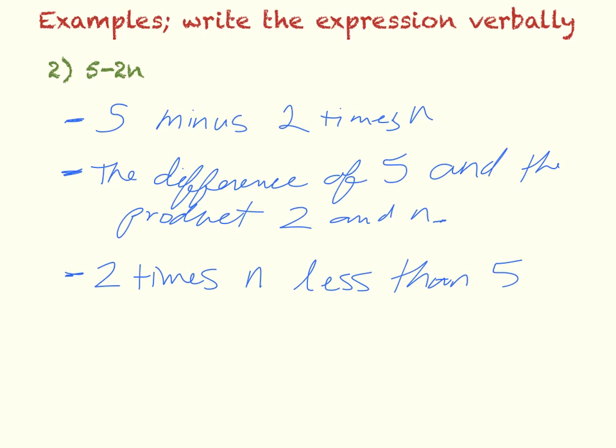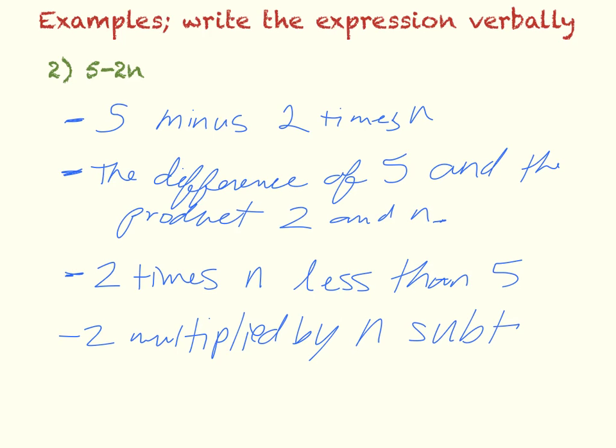Times means product, so if you want to say multiply, or you could say 2 multiplied by n subtracted from 5. So those are all acceptable ways to write this expression.